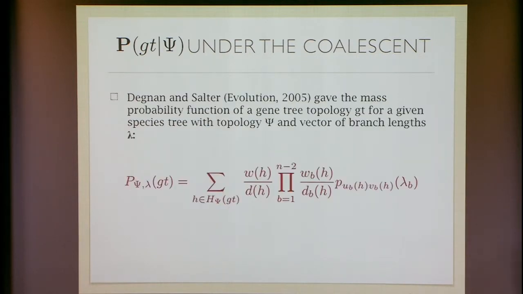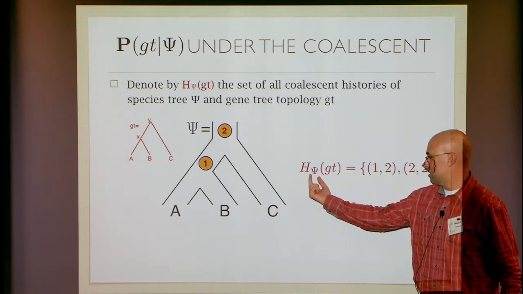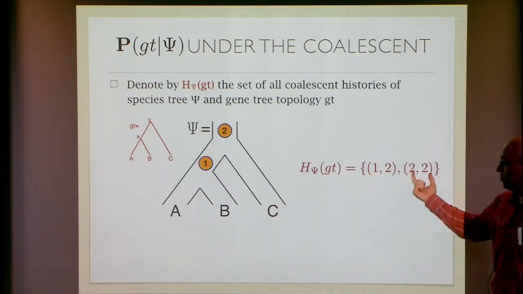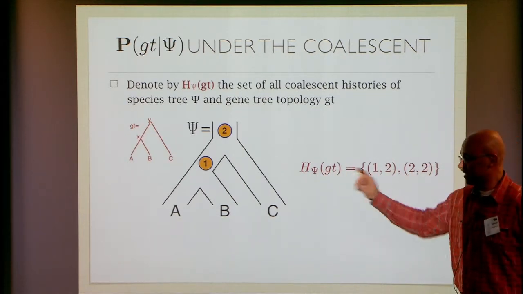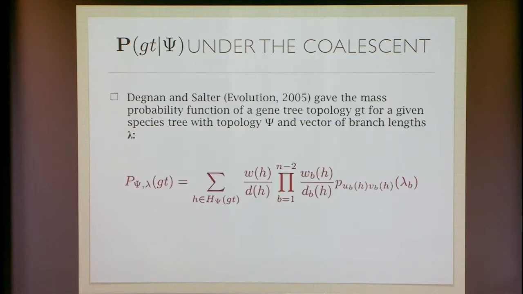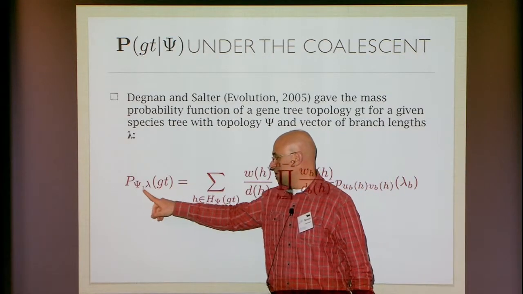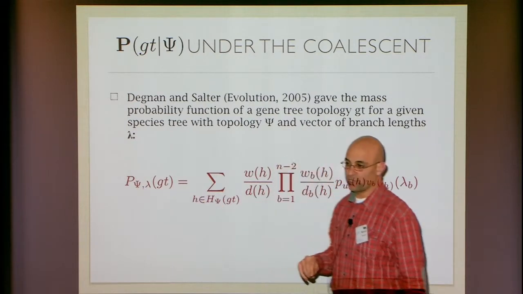So once we think about this set of coalescent histories, I'll denote by H sub psi of GT the set of all possible coalescent histories that can explain the gene tree. Then the probability of observing any gene tree given the species tree is given by this quantity, the probability of a gene tree given a species tree and its branch lengths.